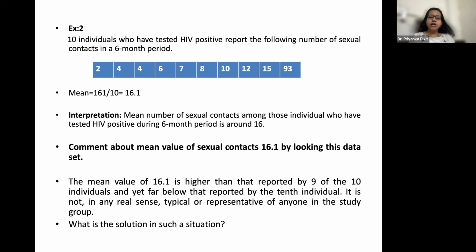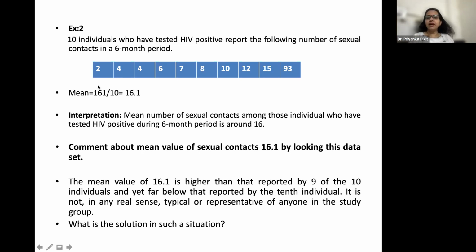Okay. So what happened? Now I am going to apply the formula. What is my formula? I have to add 2 plus 4 plus 4 plus 6 up to 93, divided by how many observations we have? 10 observations. Divided by 10.